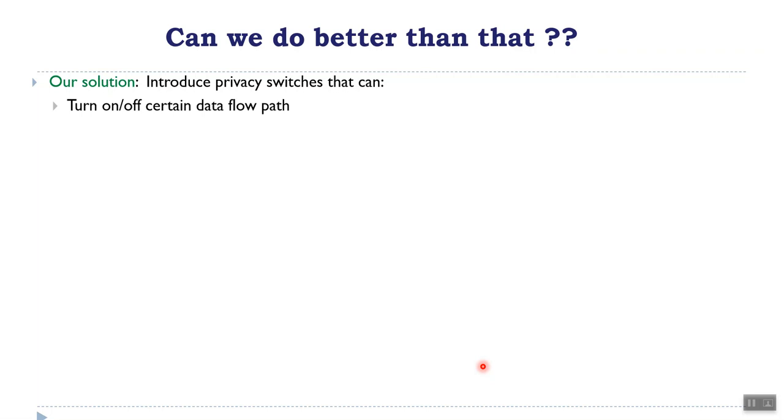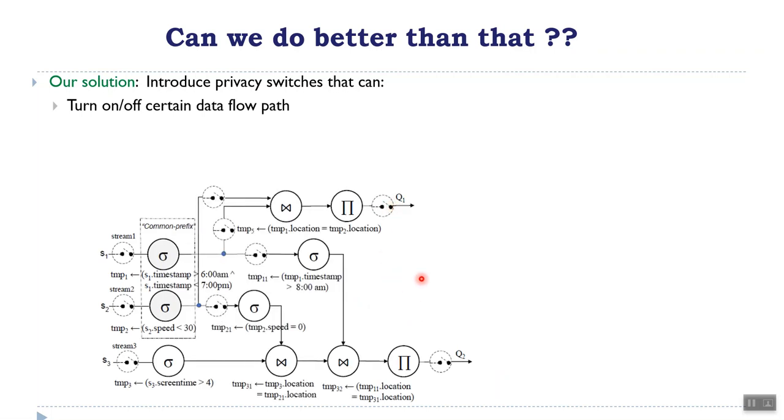access permission take place. And in our solution, we presented a new set of operators that we refer to as the privacy switches that we embed in the network in strategic locations. And those switches are capable of turning on and off to allow or disallow the data streams from flowing into certain operators or even branches of operators.